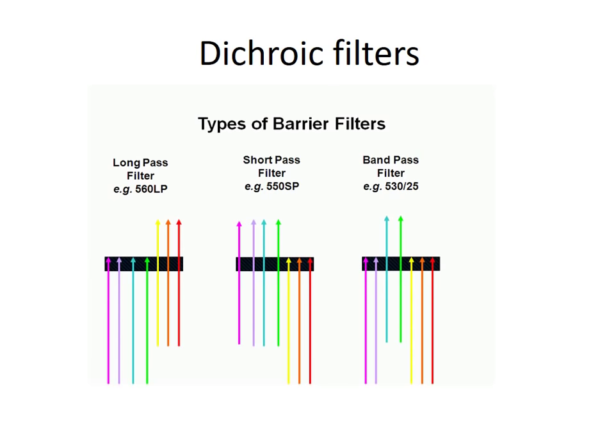It can use a long pass filter. So if you have a 560 long pass filter, essentially what it does is deflect light that's higher than 560. Okay? If you have a short pass filter, it will allow it to deflect light that is below 550.